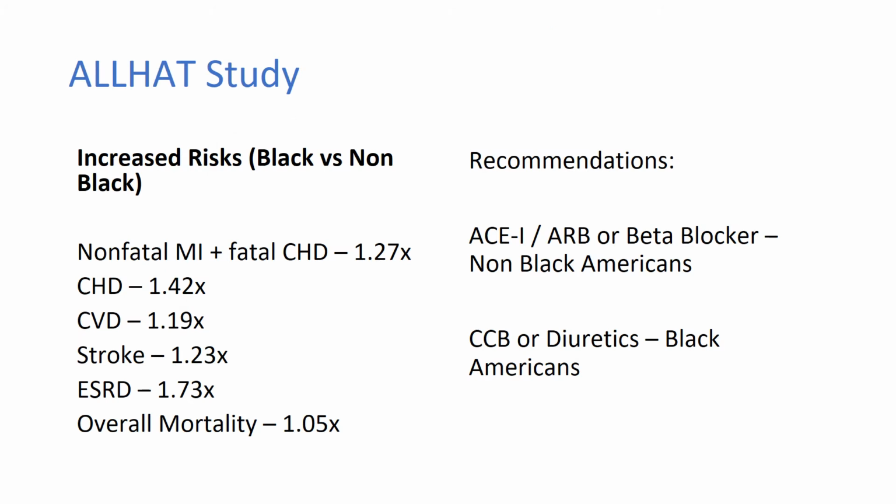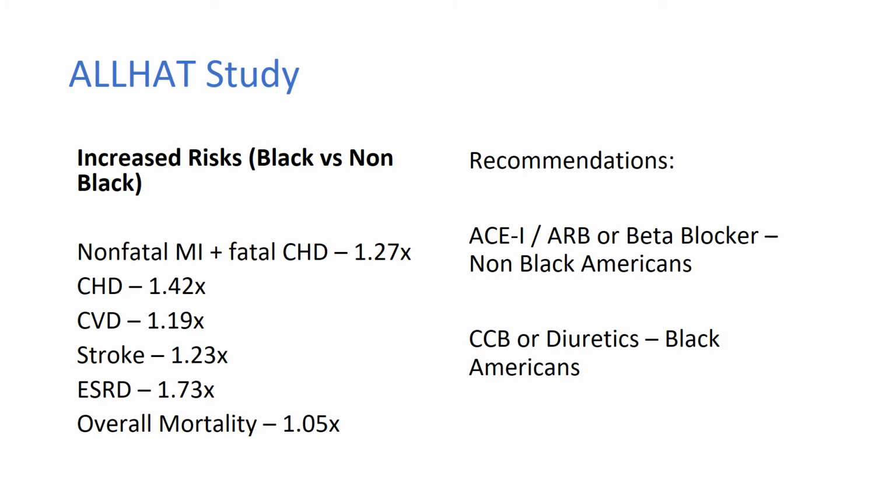So one of the main studies that showed these increased risks was the ALLHAT study. It showed increased risk for the Black population compared to non-Black populations, and below it just listed some of the relative risks. But more interestingly, they made recommendations as to how to treat hypertension in non-Black Americans and then in Black Americans.